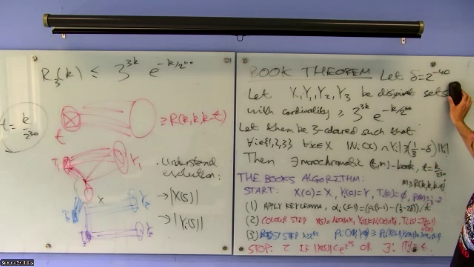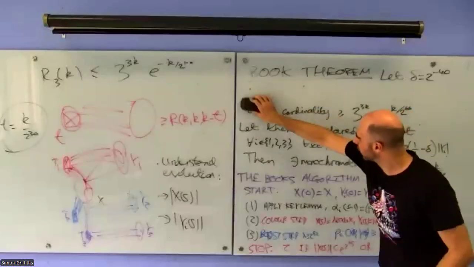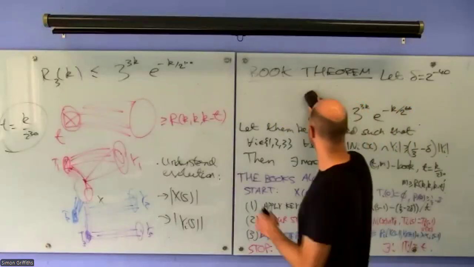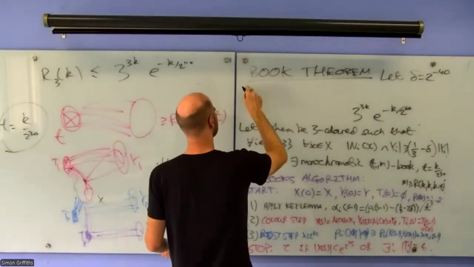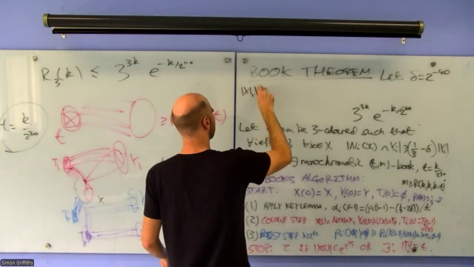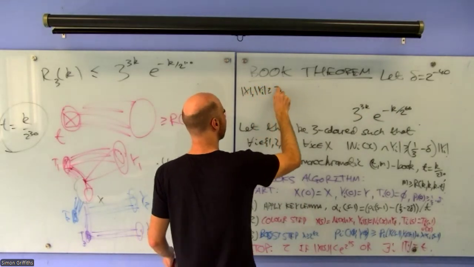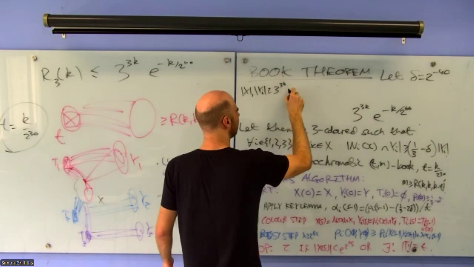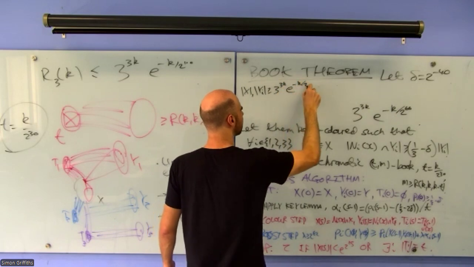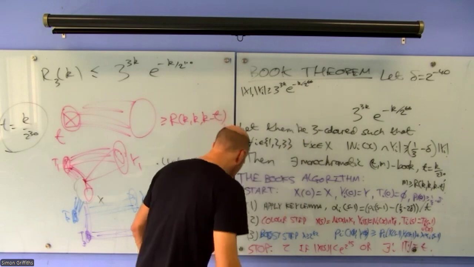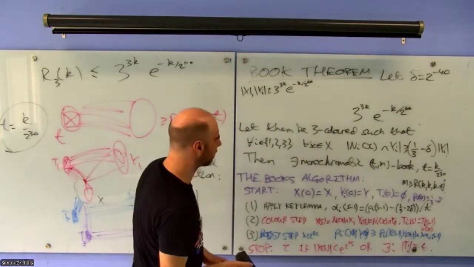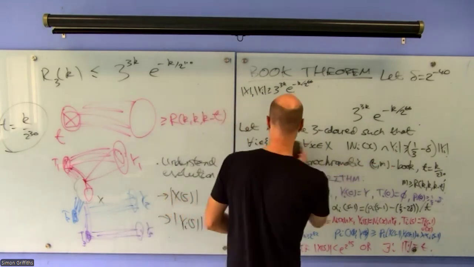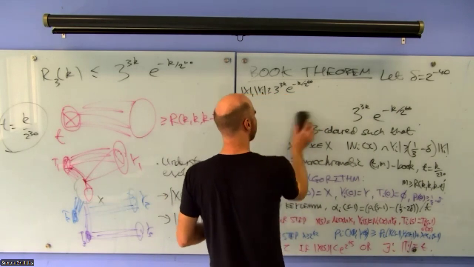So we need to. So the cardinalities of each of these sets is at least 3 to the 3k e to the minus k over 2 to the 26. I think we can remember we start with the minimum degree condition, a third minus delta, right?